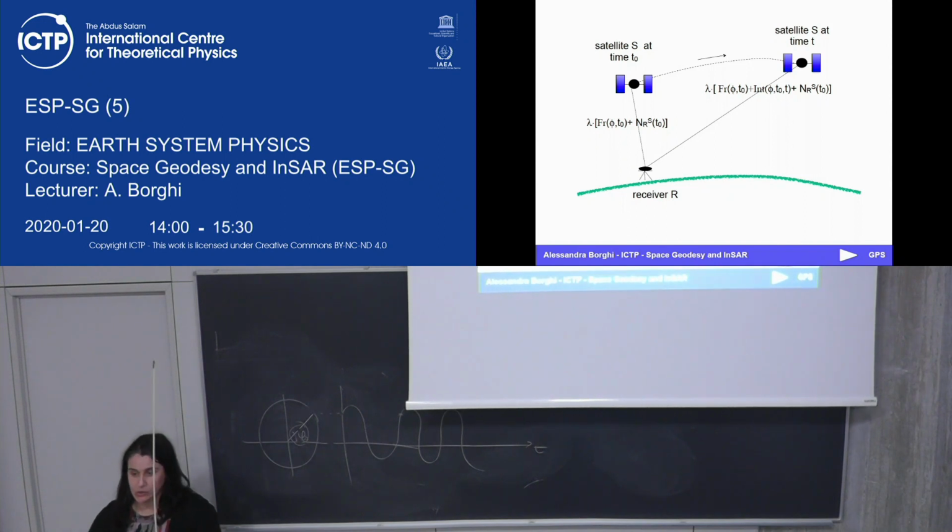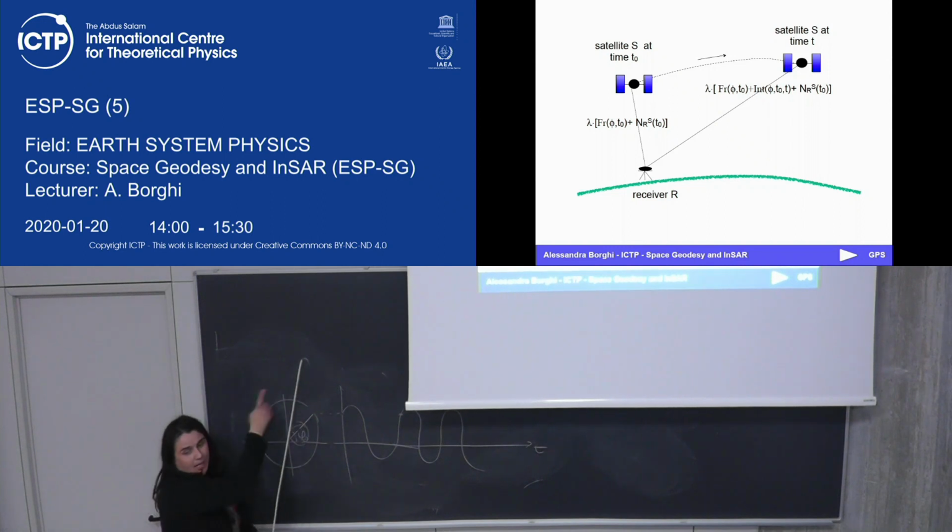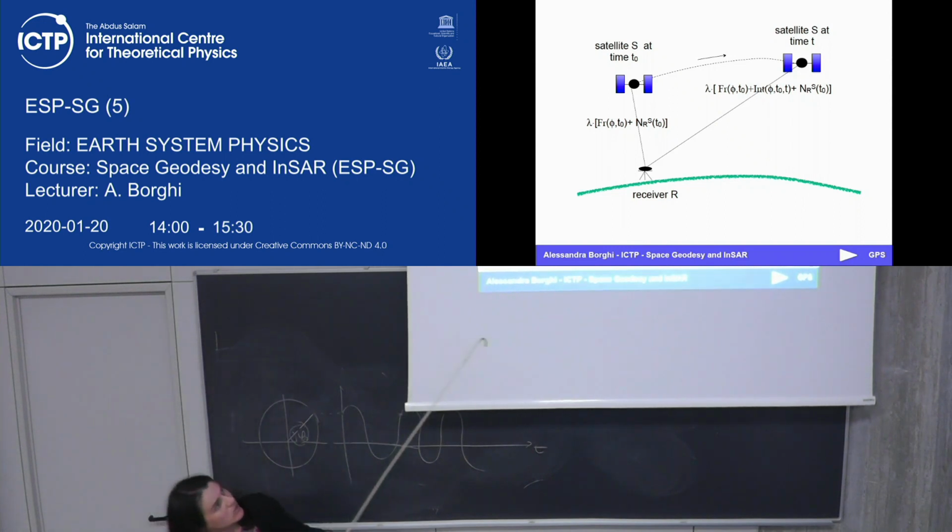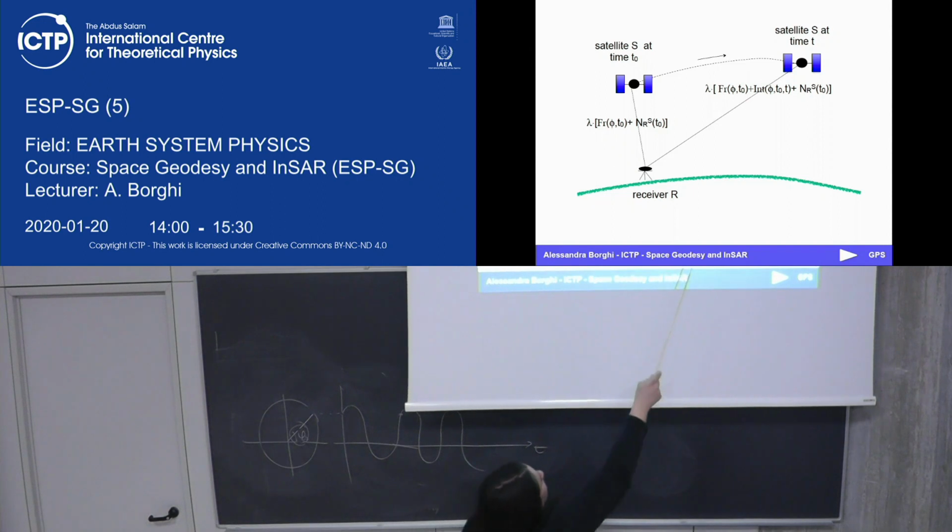After we can start to count the number of cycles. So at time T we know the fractional part. We know we have measured a fractional part at time T0.